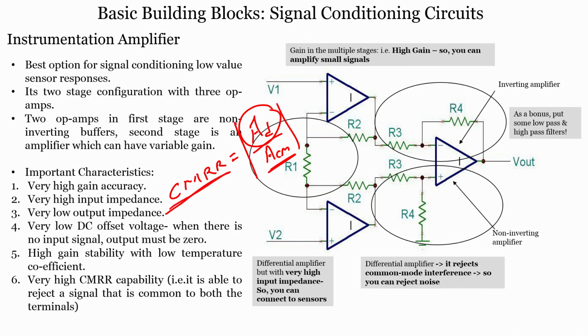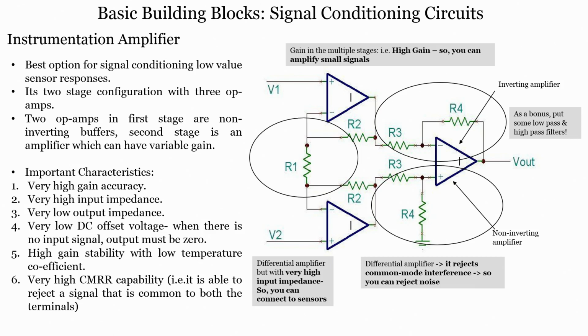Thus, CMRR should be extremely high. This instrumentation amplifier has the advantage of a very high CMRR, so it can reject signals common to both terminals. So, this instrumentation amplifier is the best option for signal conditioning for low value sensor responses.